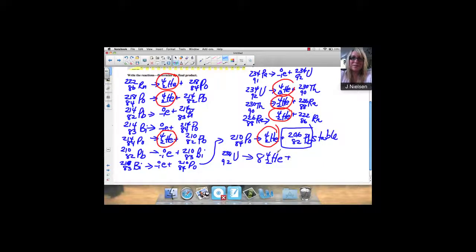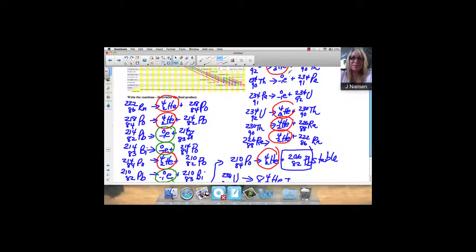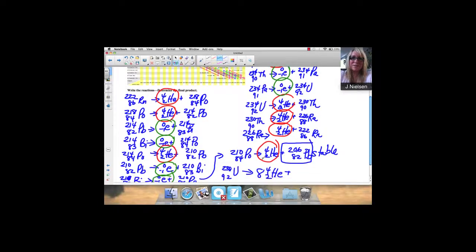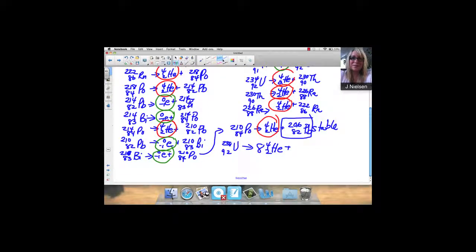How many beta decays? 1, 2, 3, 4, 5, 6. Plus 6 beta decays, and we produced 206, 82 lead, which is stable.